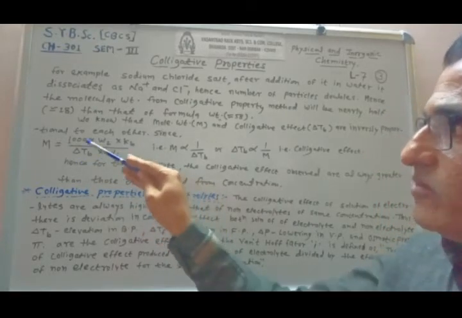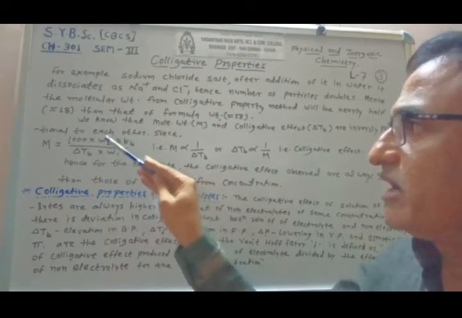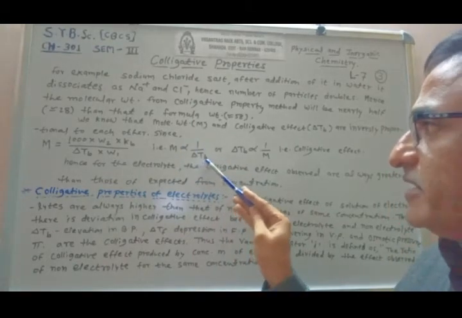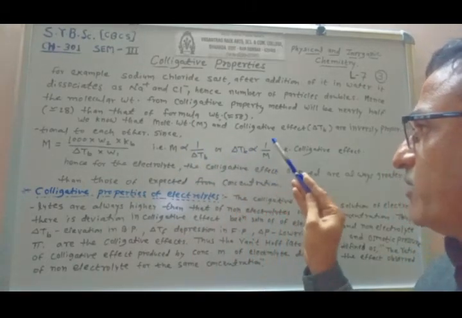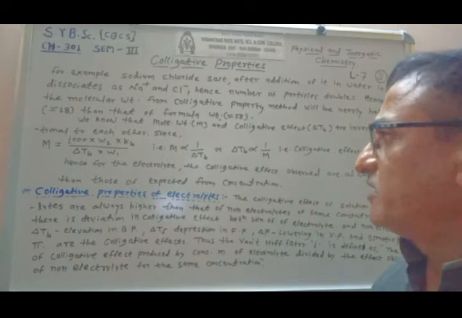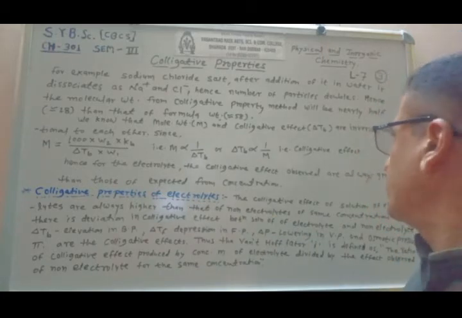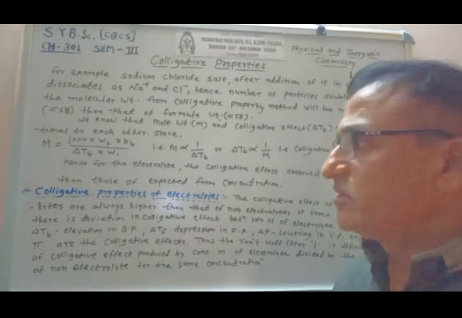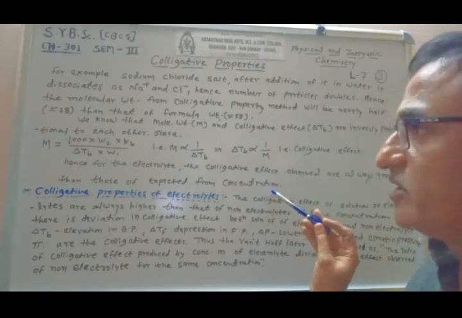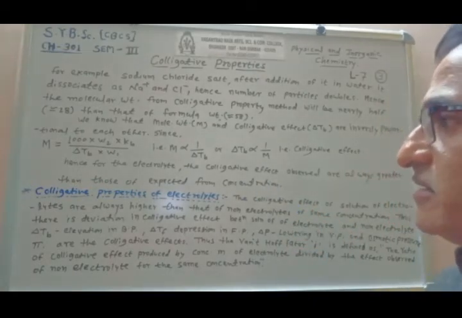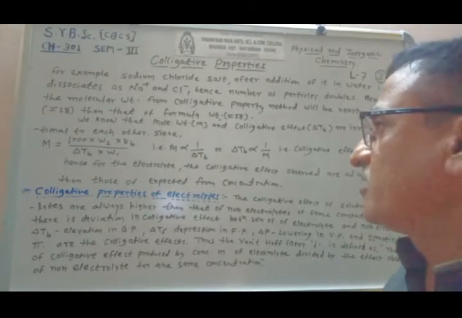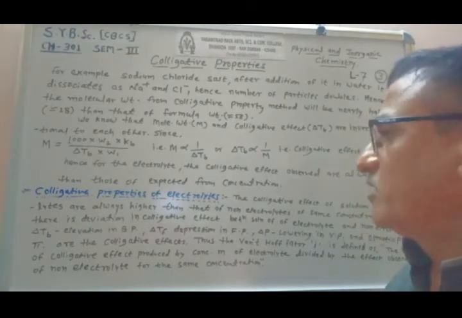Here 1000, W2, Kb, W1 are all constants, so M is inversely proportional to delta Tb, or delta Tb is proportional to 1 upon M, that is the colligative effect. Hence for the electrolyte, the colligative effects observed are always greater than those expected from concentration. In this way, we see the colligative effect and how it is inversely proportional to the molecular weight.